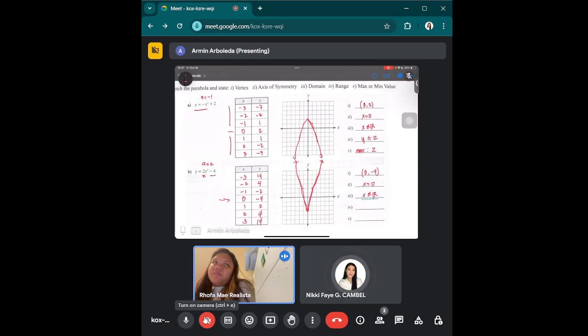What's the lowest? -4. Is it greater or lower? Greater and equal to -4. How about the last one? Is it maximum or minimum? Minimum of -4.